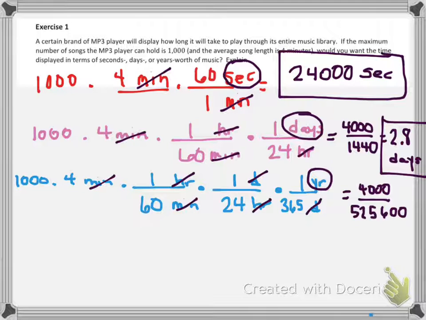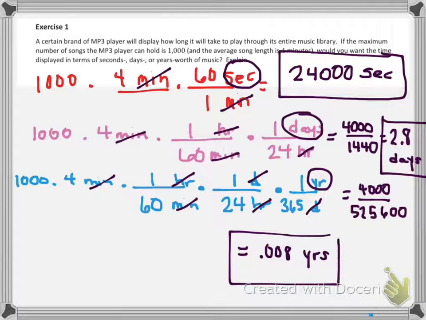Okay, and then if I divide 4,000 by 525,600, I get this answer. So here's my number of years: 0.008, if I round it, years. Okay, so there's our answer in years.